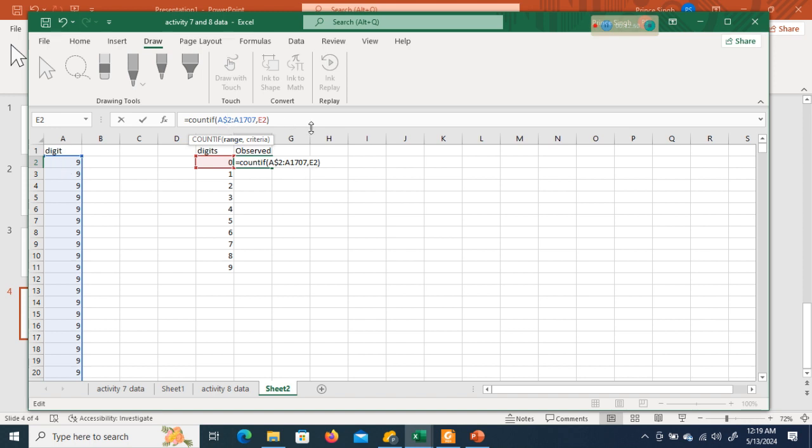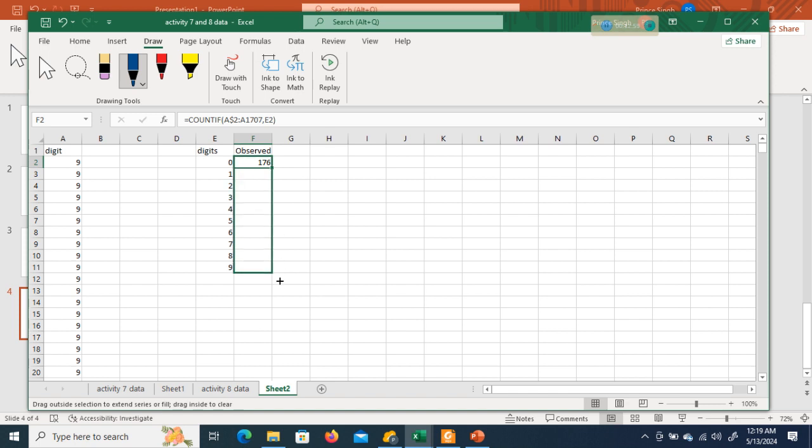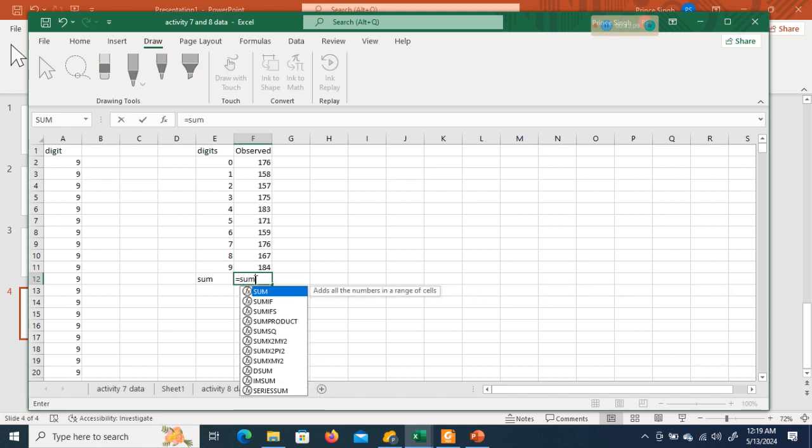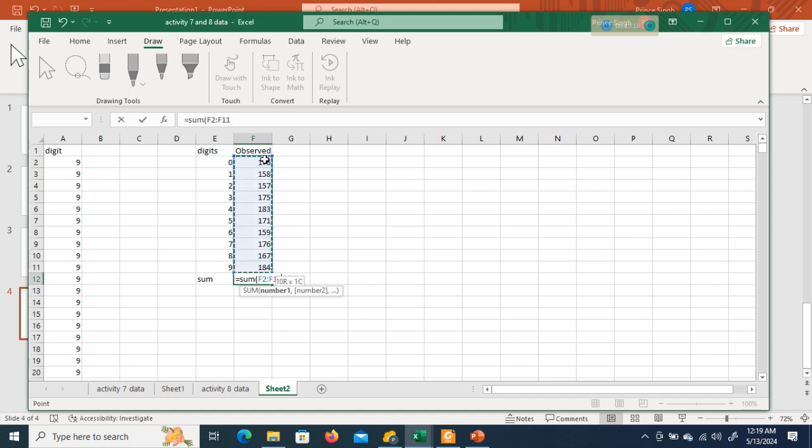So I'm using here the $ sign. That gives us the total number of times 0 appears, which is 176. If I calculate the sum, because I need this information, Control Shift Down, so 1706, this is the observed frequency.